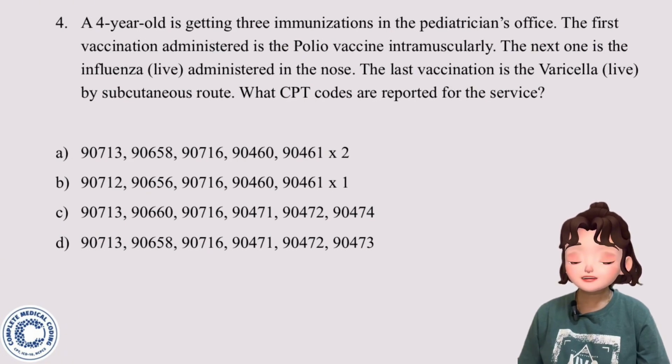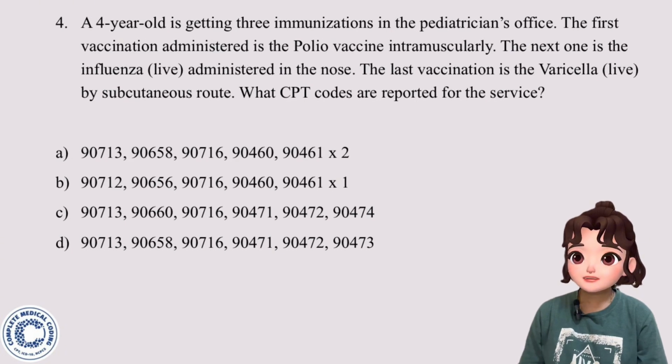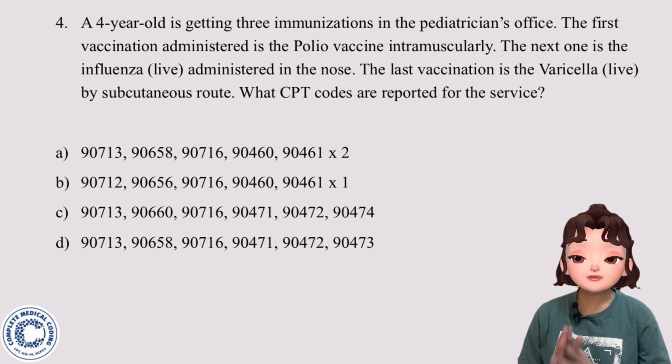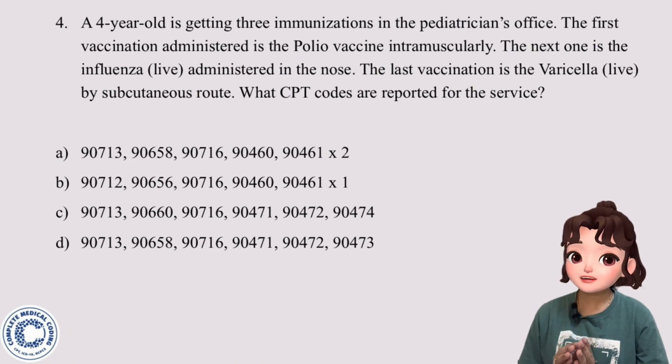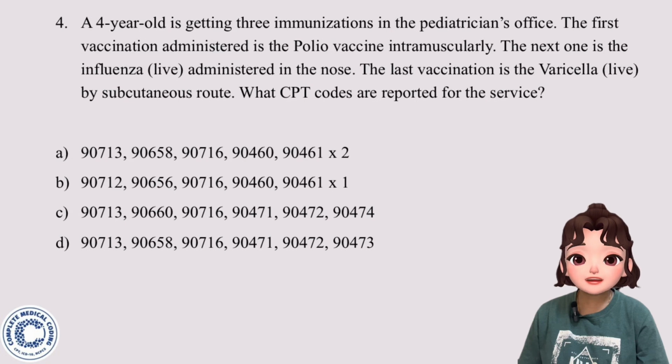So let's check the codes one by one. What is the first code? 90713. 90713 is poliovirus vaccine. For coding vaccination, you have to always code the vaccine product first, and then the route of administration. So what is 90713?